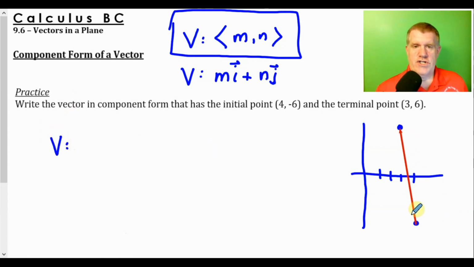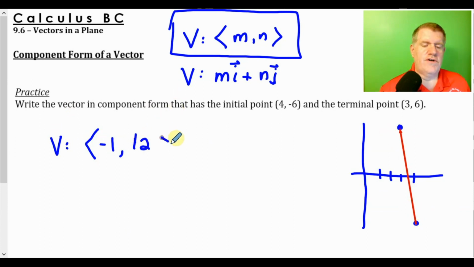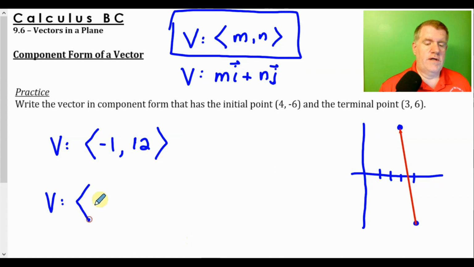What direction is this going? If you think about it, what's the x distance? The x distance is traveling -1, and the y value is traveling +12. So that is our component form of this vector. So if you want to think about it mathematically, you're thinking about it this way.